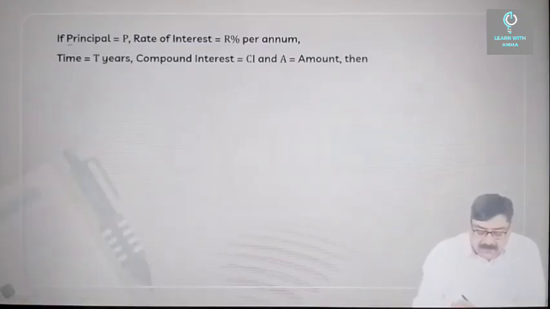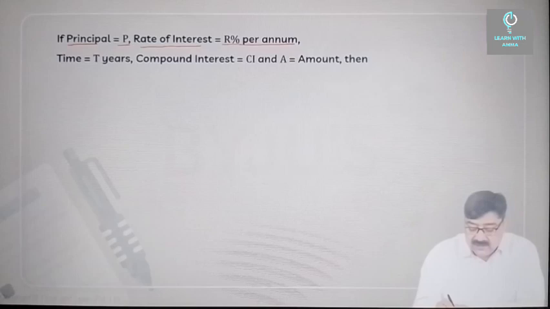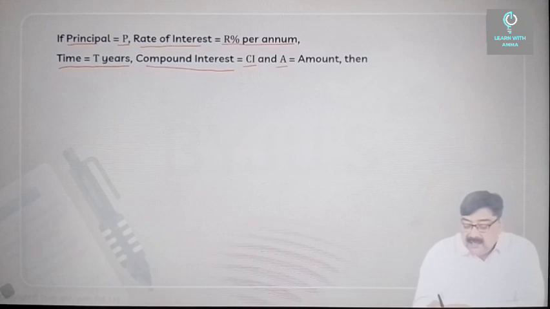Now, we know that principal is P and rate of interest is represented by R, which is R% per annum. Time is represented by T years, compound interest is represented by CI, and A represents amount.